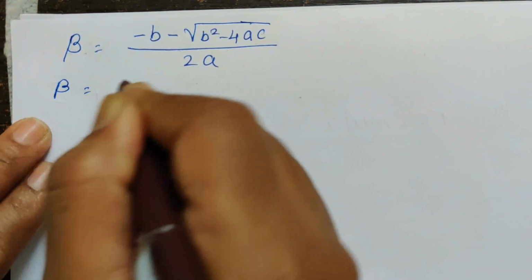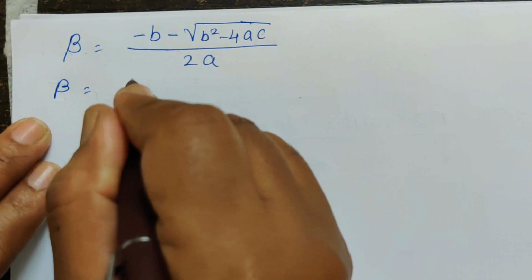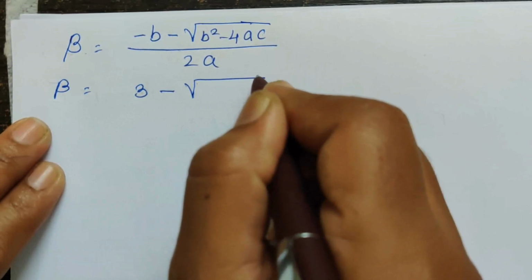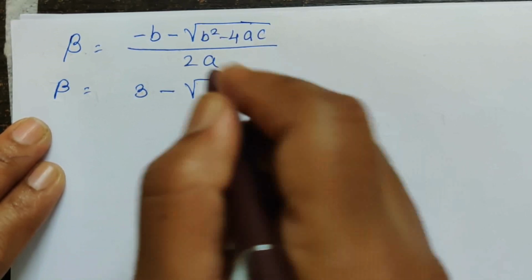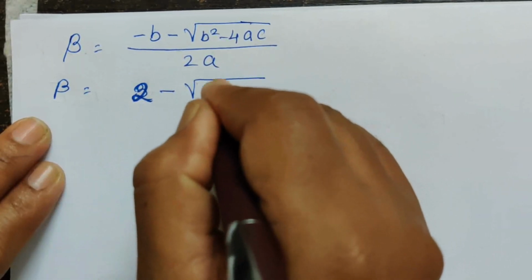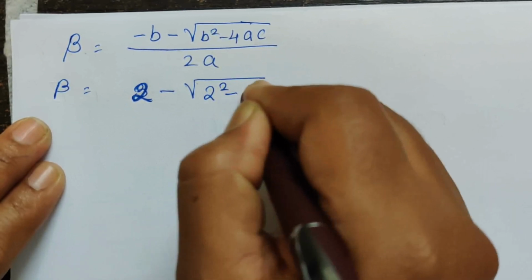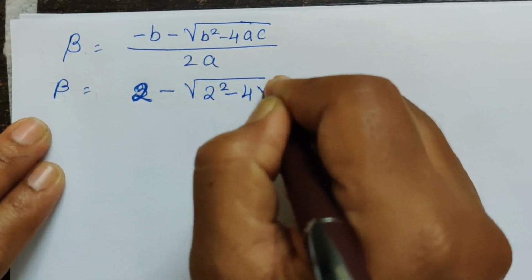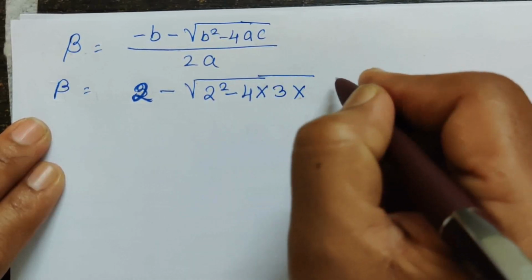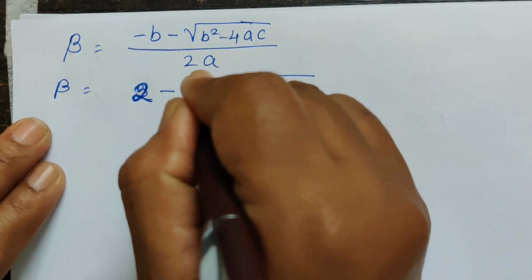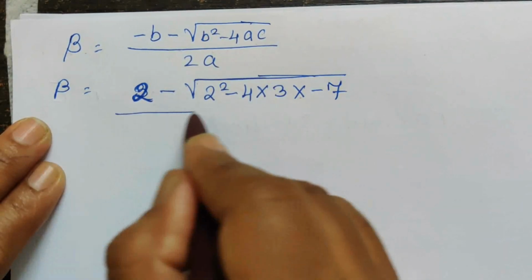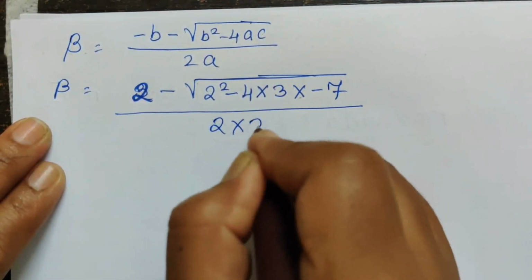So beta is equal to, b's value is minus 2, minus under root 2 square minus 4 multiplied by a's value is 3 and c's value is minus 7, upon 2 multiplied by 3.